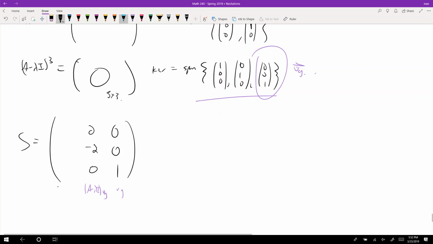And then A minus lambda I squared times VG is going to be 2, 0, 0. Okay, any questions? Okay. So that's Jordan canonical form.